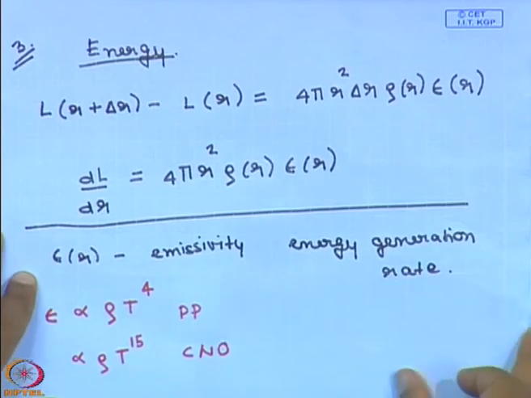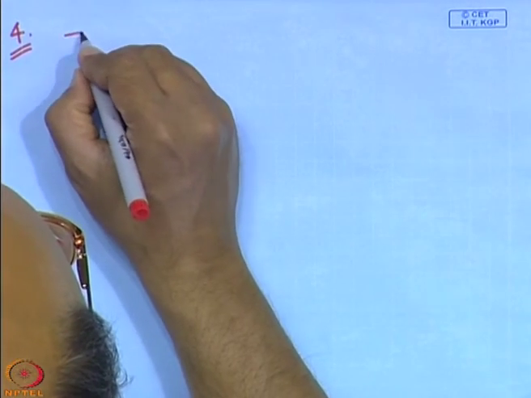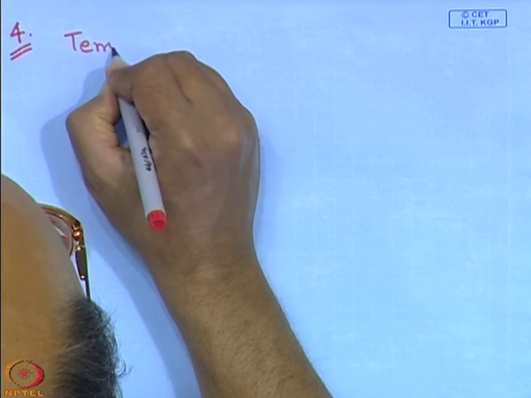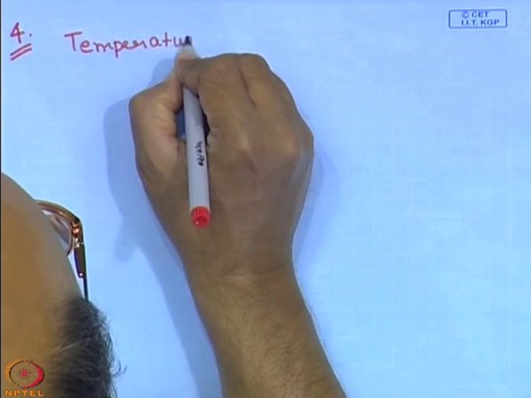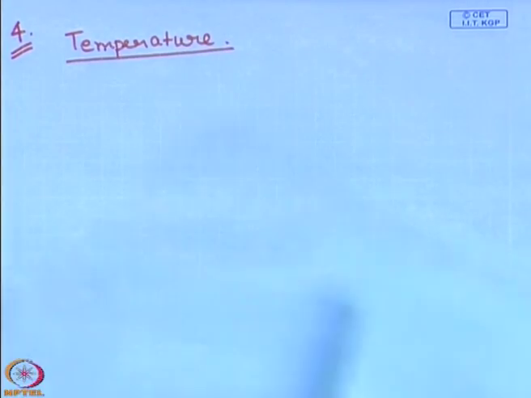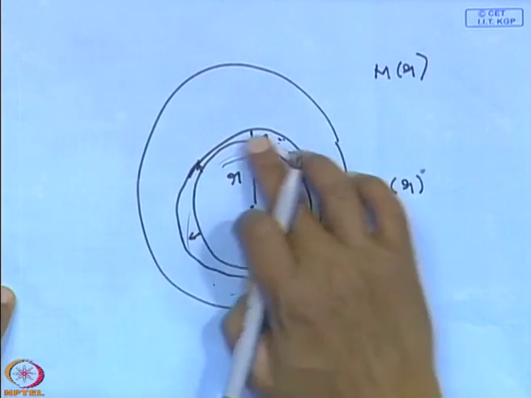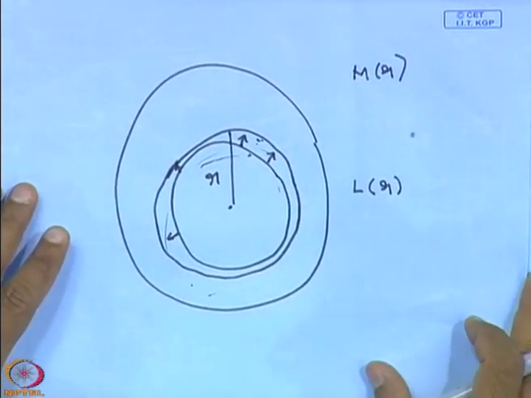So, that is the third equation. The fourth equation is the temperature. We need to know the temperature profile. So, how does the temperature change inside the sun?